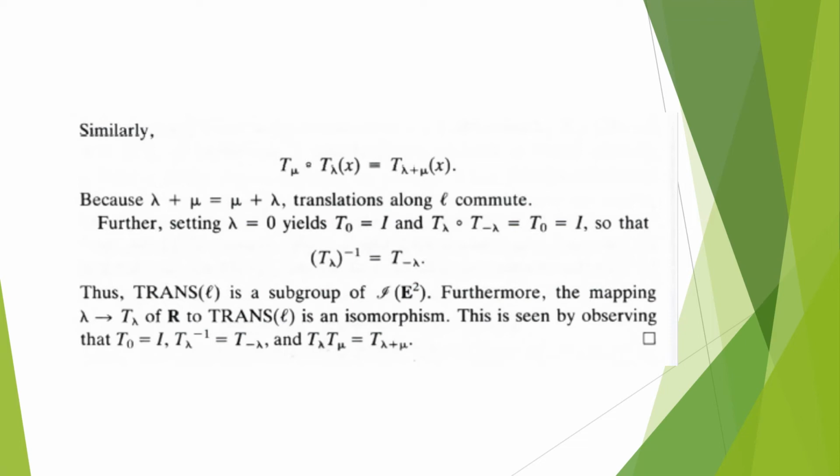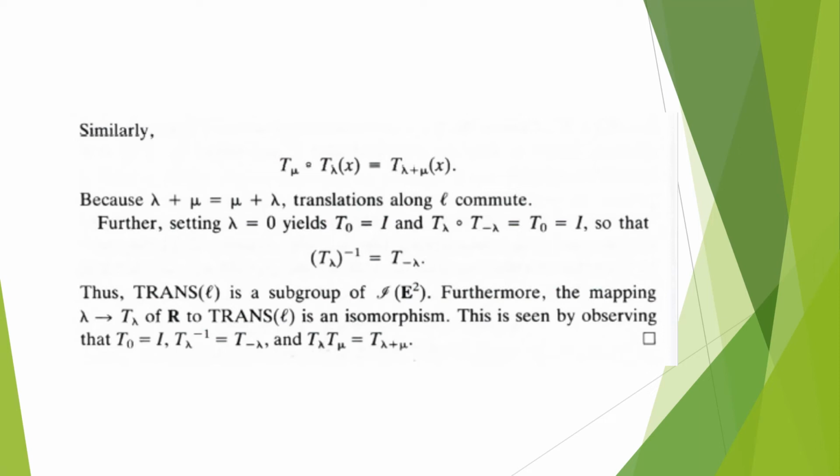Further, setting lambda equal to 0 yields t sub 0 is equal to 1, and t sub lambda t sub negative lambda is equal to t sub 0 is equal to 1, so that the inverse of t sub lambda is equal to t sub negative lambda.